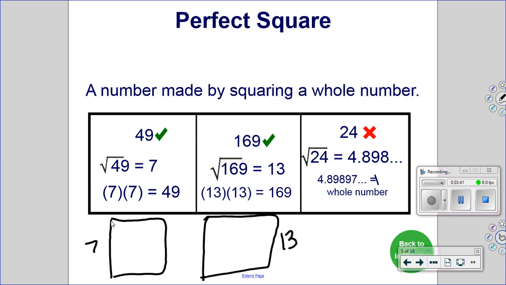But then they have a big X on 24, because the square root of 24 is not perfect, meaning I can't use a whole number for the side length of the square. So that's the difference between a perfect square and a non-perfect square. The chart we gave you is all the perfect squares.